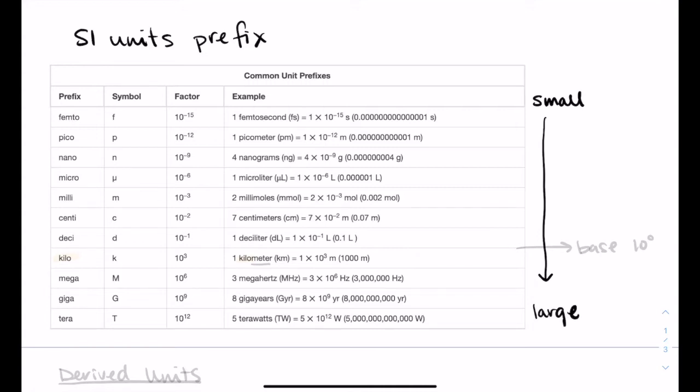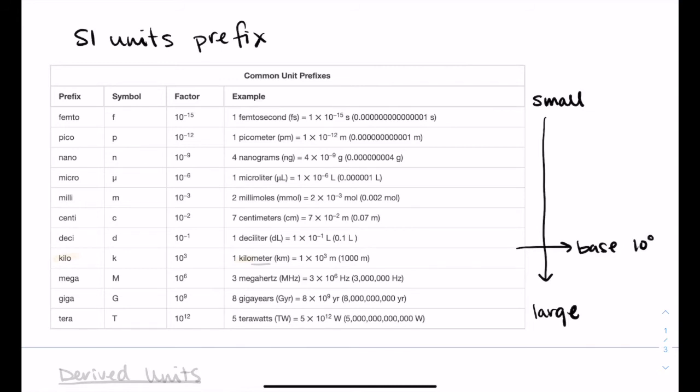Now we don't have every single prefix in this table. But in between prefixes, if we have them all, is a factor of 10. So you would multiply or divide by 10 to get between each of them. And you can look at the factors of 10 to see how many there are between each. My base unit is not explicitly listed, but it would show up about here; the base units are all 10 to the 0.